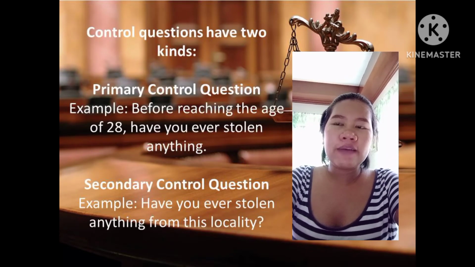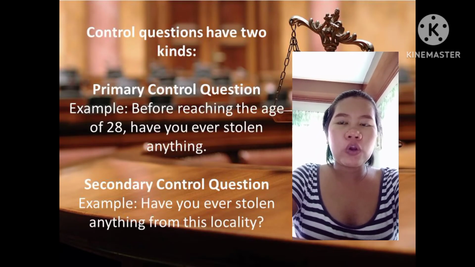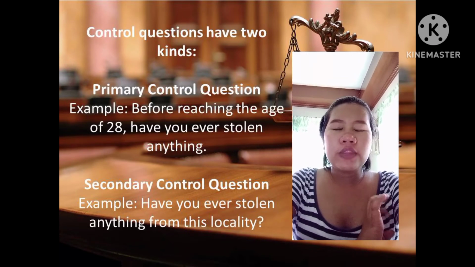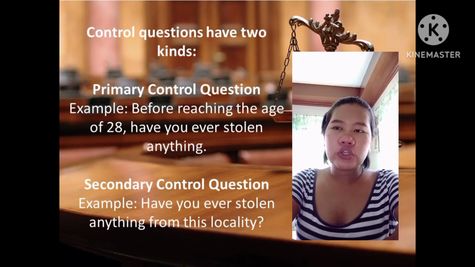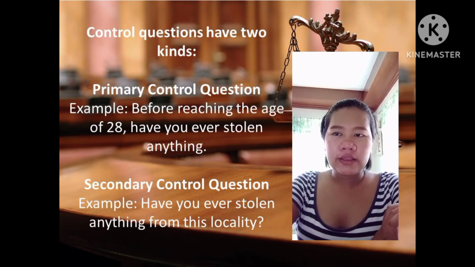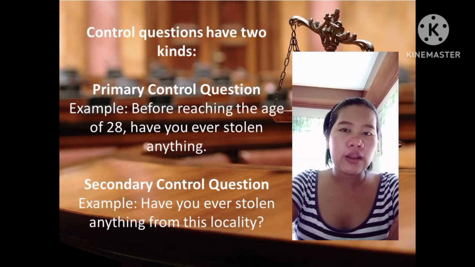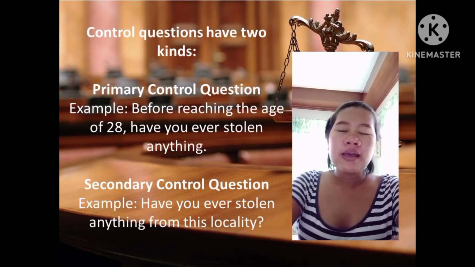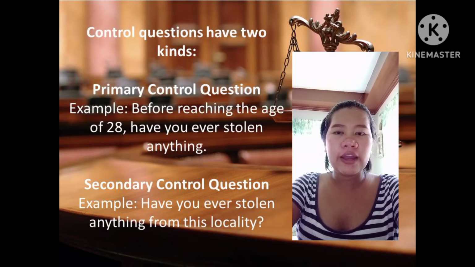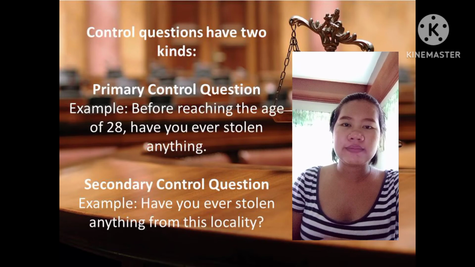Control questions have two kinds, the primary and the secondary control questions. An example of a primary control question: before reaching the age of 28, have you ever stolen anything? An example of a secondary control question: have you ever stolen anything from this locality?